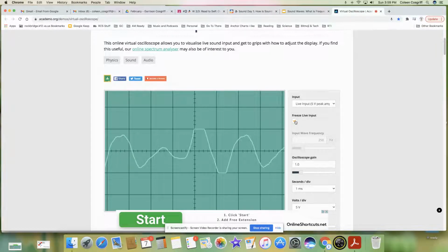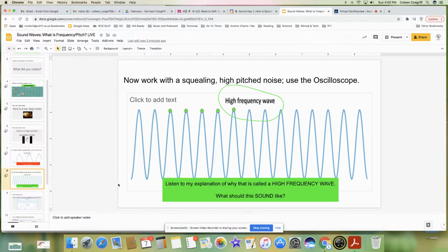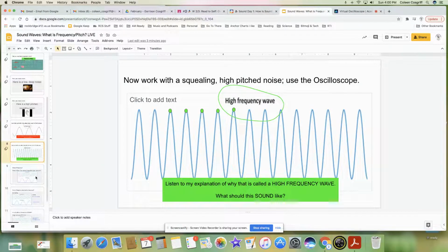So see how there's a greater distance when I use a low pitch noise. So I invite you to play with that oscilloscope and create low pitch and high pitch noises, low frequency, high frequency noises. But let's just clarify.